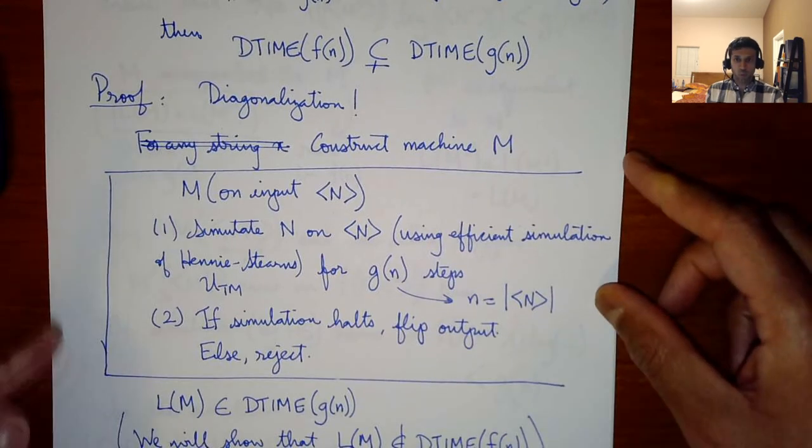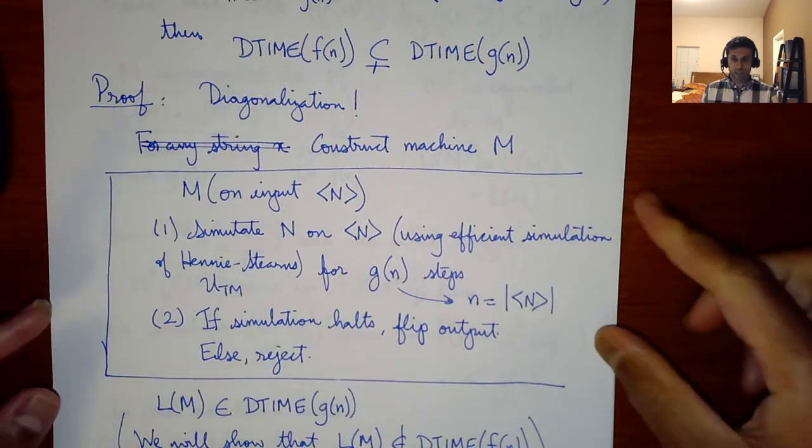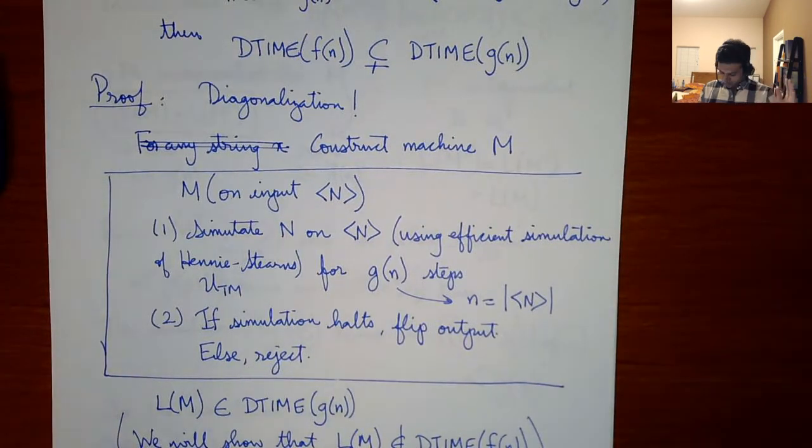Now suppose whatever language we constructed here could actually be decided much faster. So there would be some other Turing machine that decides L of M much faster.